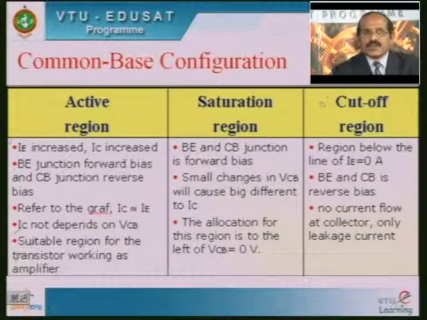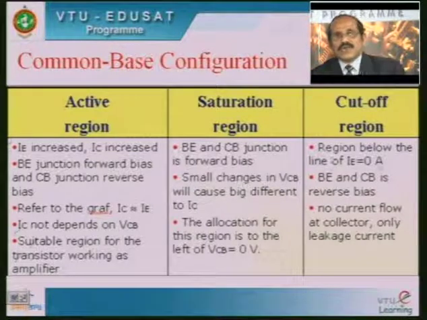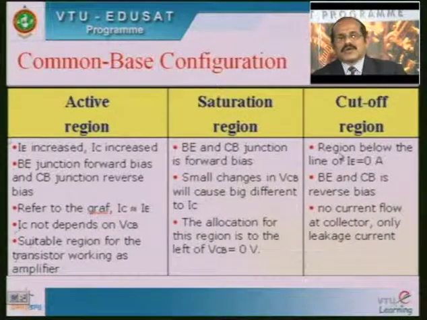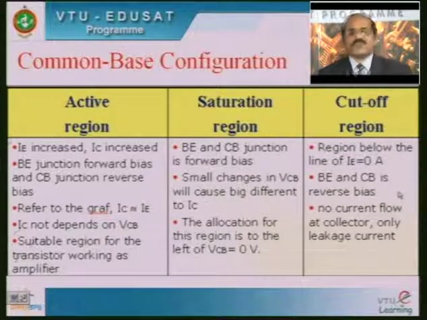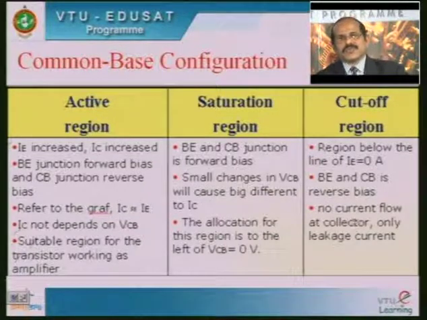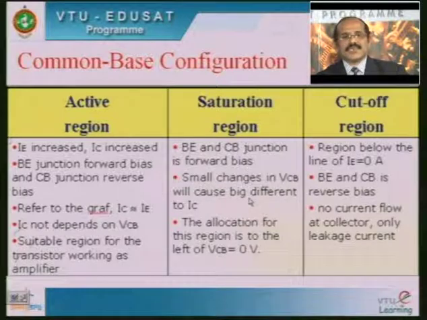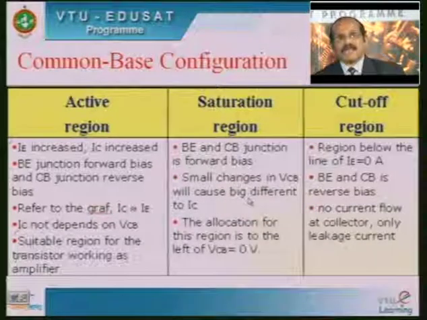The cutoff region is the region below the line of IC equal to 0. In this case both input and output junctions are reverse biased, and no current flows when the device is in the cutoff region, or maybe only a leakage current in the range of microamperes.